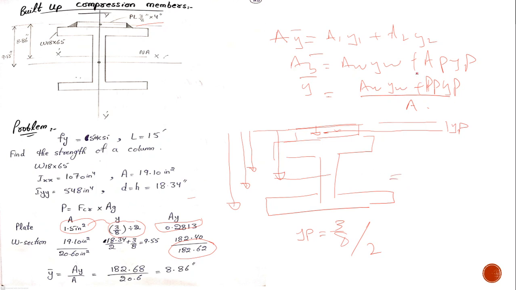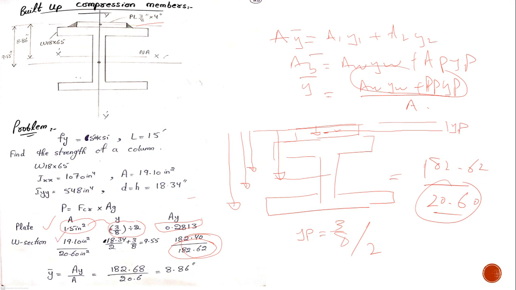I have found this value to be 182.62, and I have divided by area, that is 20.60. You should note that this is the summation of the area of plate and area of W section. This is very easy.